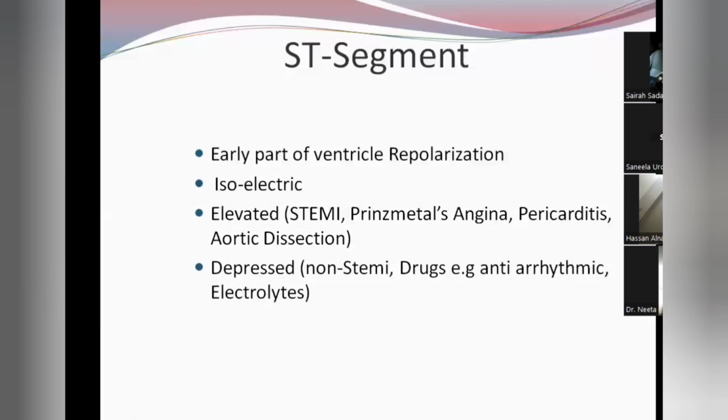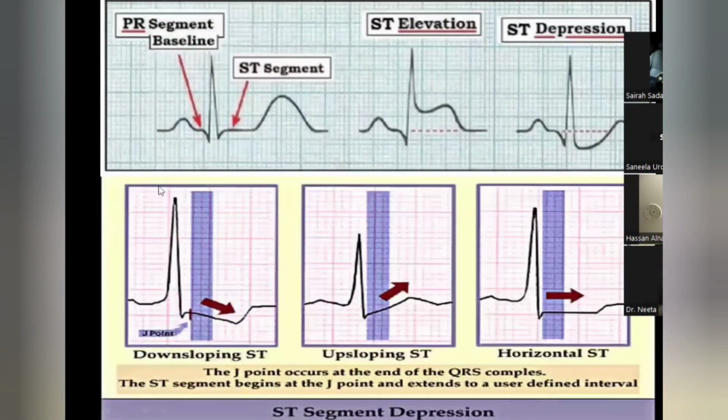It may be elevated in STEMI, Prinzmetal angina, pericarditis, aortic dissection. It may be depressed in non-STEMI. Drugs like antiarrhythmic drugs may cause depression of the ST segment, and electrolyte abnormalities may also lead to a depressed ST segment. These are the different shapes. This one is normal because it is touching the baseline. This is elevated.